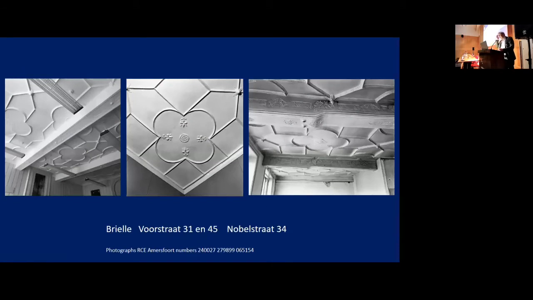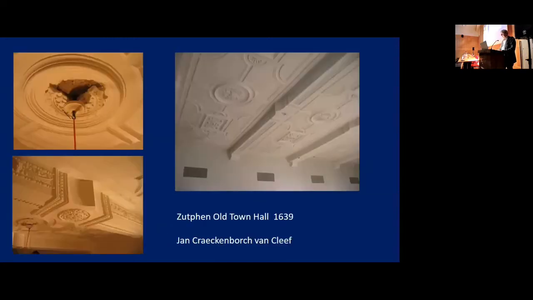And here you see some other ceilings after restoration, where you can see the elements up from the surface. They are plaster cast, and the others in the surface are pushed in. Otherwise, you also see rosettes in another plaster ceiling in Zutphen, near the east border with Germany.